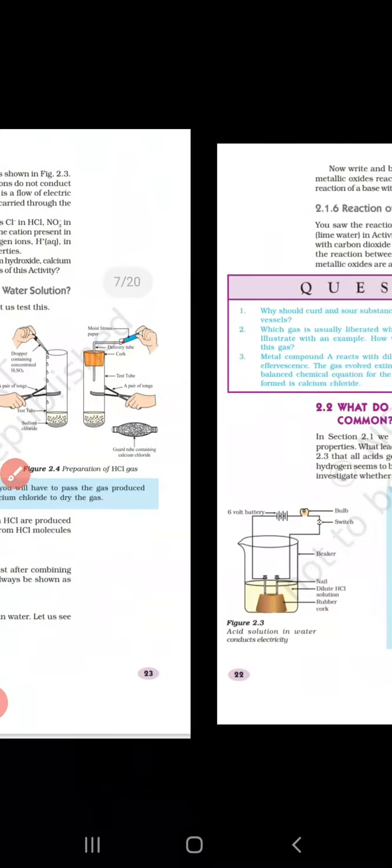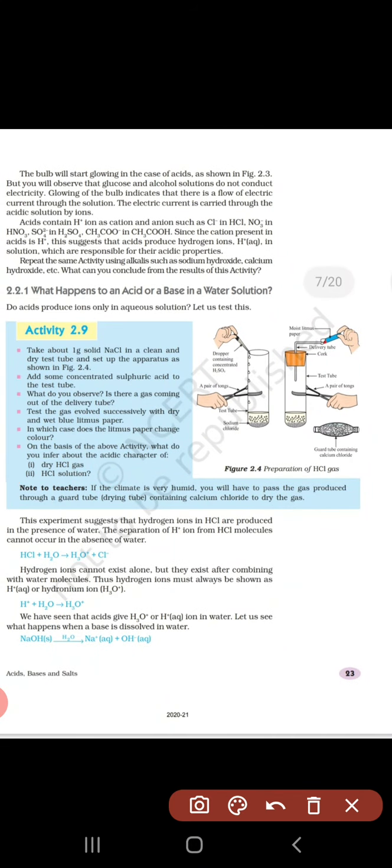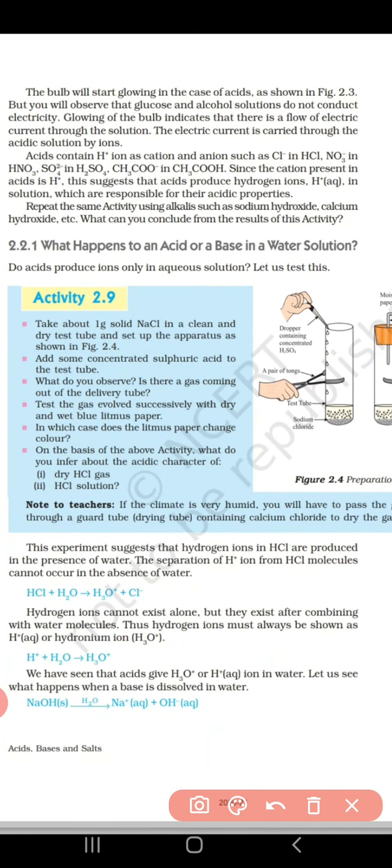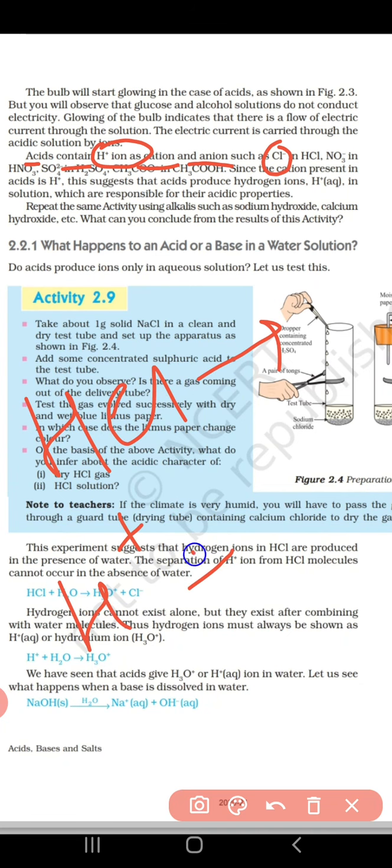Okay, now here, acids contain H plus ion as a cation and an anion like Cl negative. When the acid, that is HCl, dissociates, it gives H plus ion and Cl minus ion.